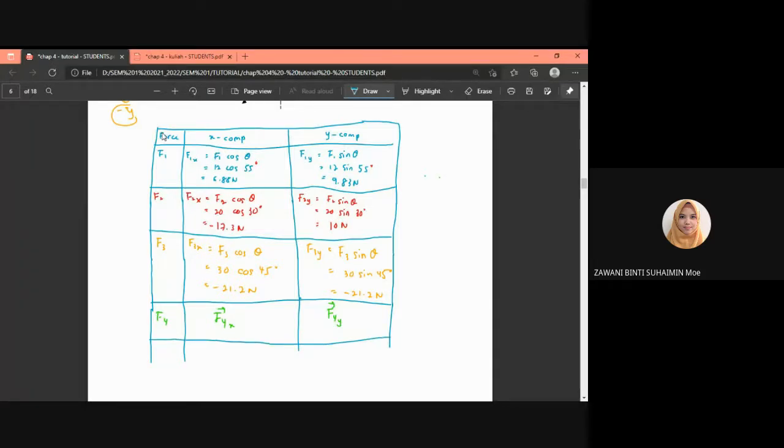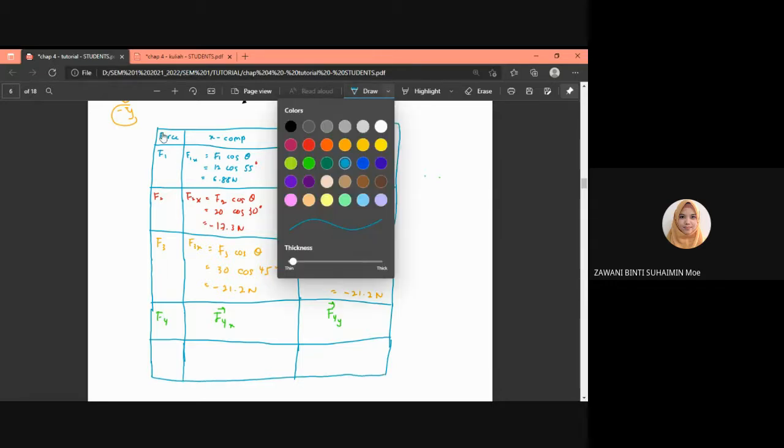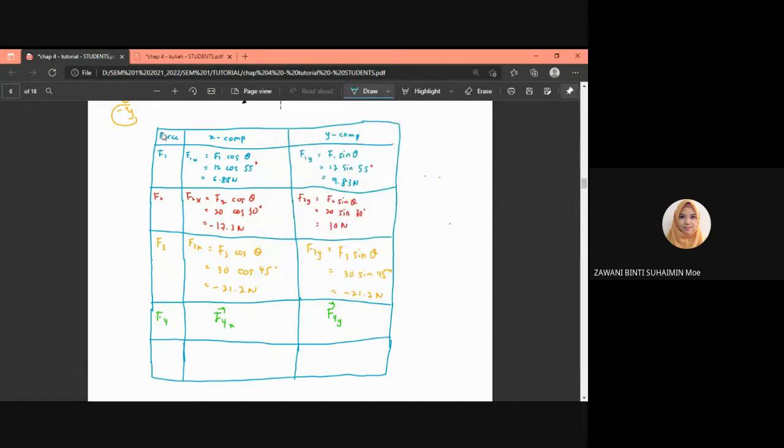Alright, kat sini kita tulis summation total F in X component kena jadi kosong. Maksudnya kita tambahkan semua force yang ada in X component.